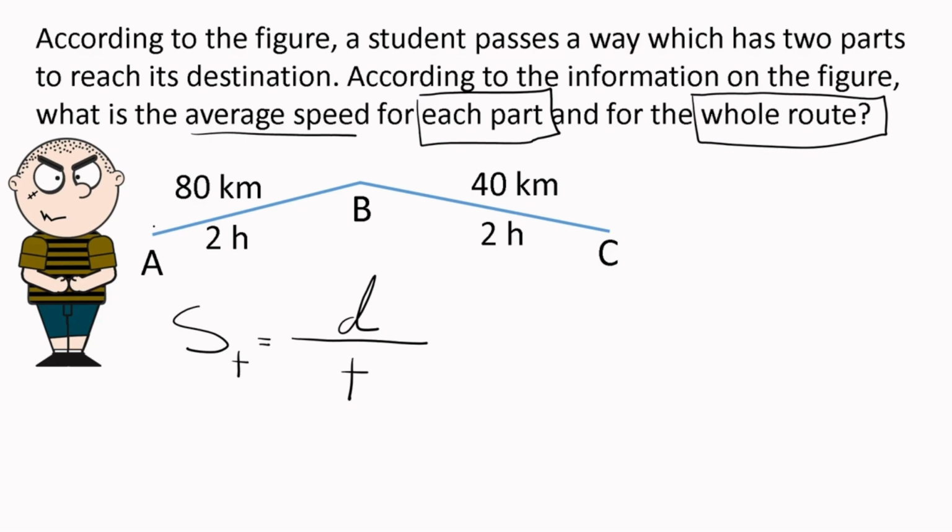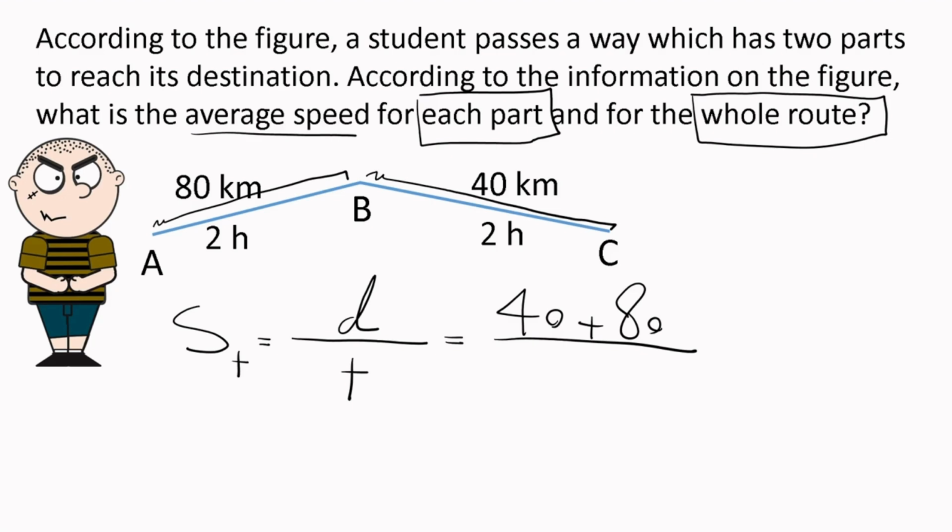We have the distance of the first part and second part, but we want the distance for the whole route, so we must add them together. So 40 plus 80. And we have the same thing for the time. We have the time of the first part and the time of the second part, and we must add them together because we are calculating the average speed for the whole route.